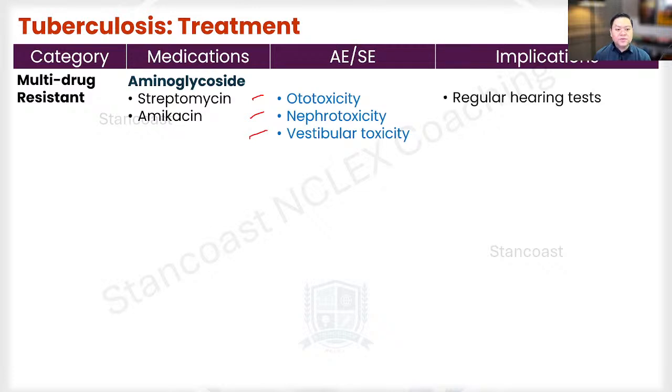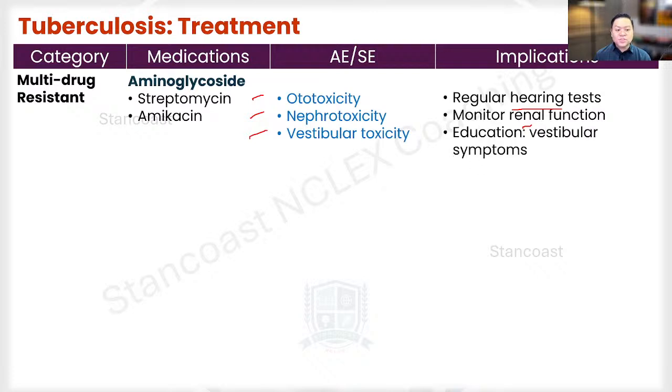Now, what are we going to do for this patient? Well, we need to have that baseline hearing test and periodic hearing testing in order to determine if the patient is developing the side effect, and also make sure that we are checking the patient's kidney function, looking into the creatinine levels, the GFR, and also the BUN level to make sure that the patient is safe to continue taking this medication.